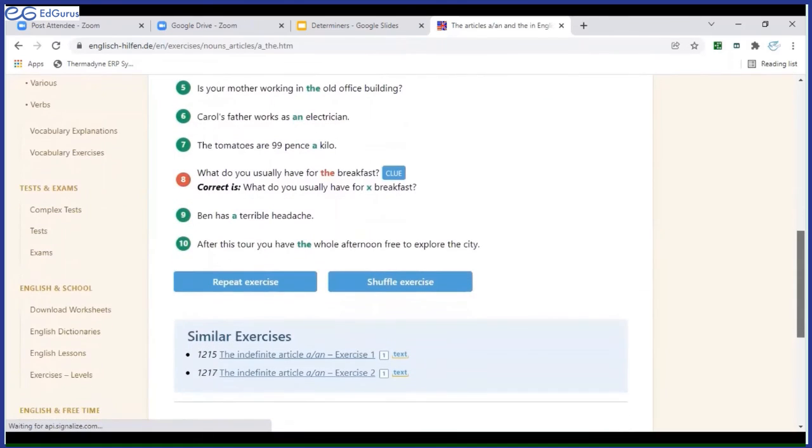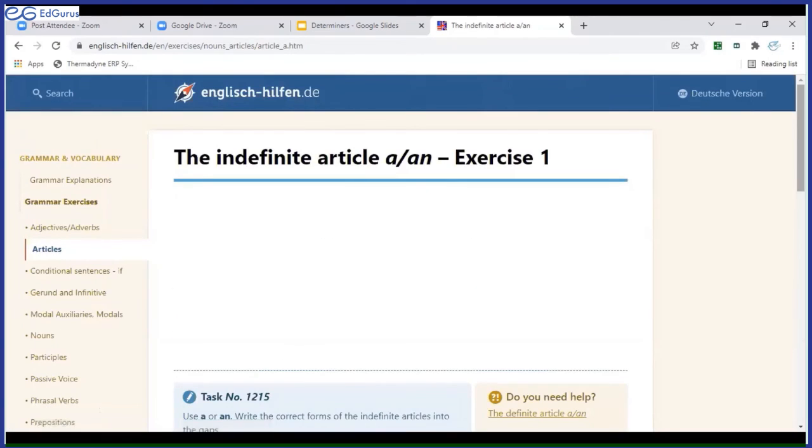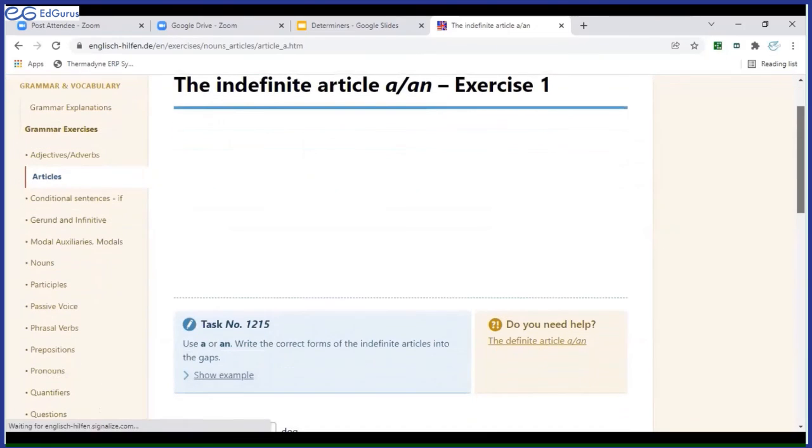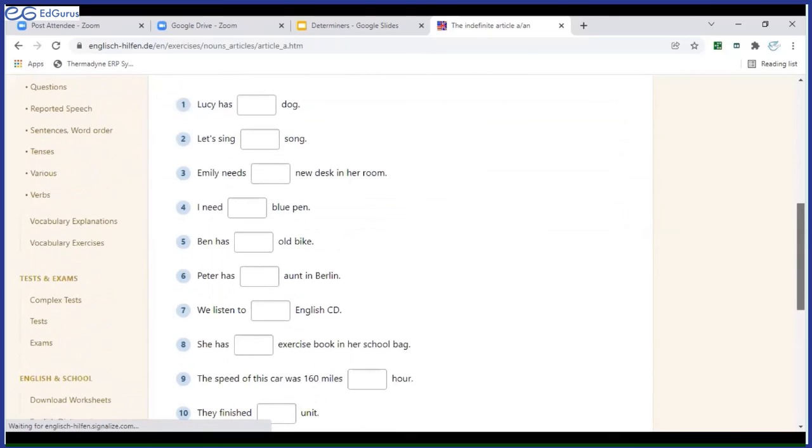So you see that when you are doing practice, then you are able to do it. Here is given, recommended for you. Let's see. Use a or an. It's a very simple one. Lucy has a dog. Let's sing a song.